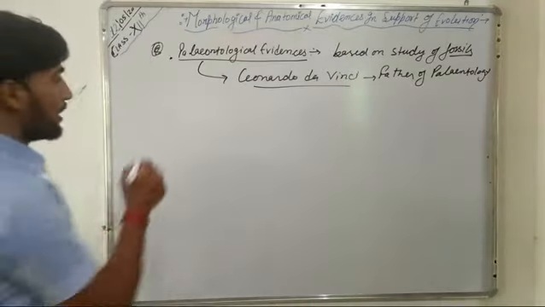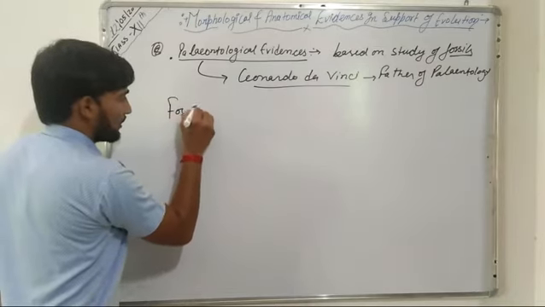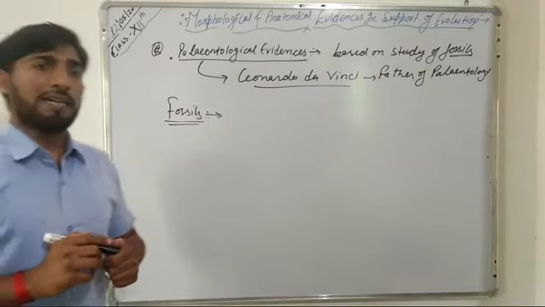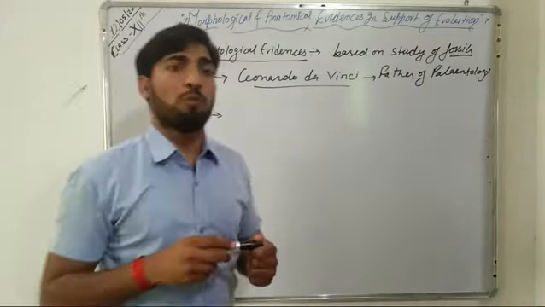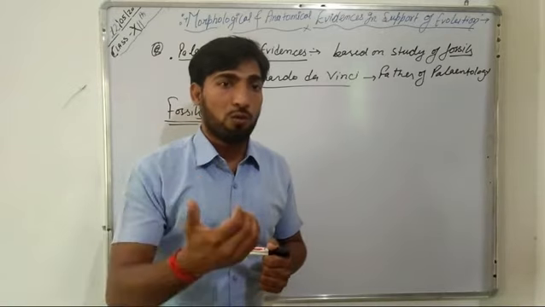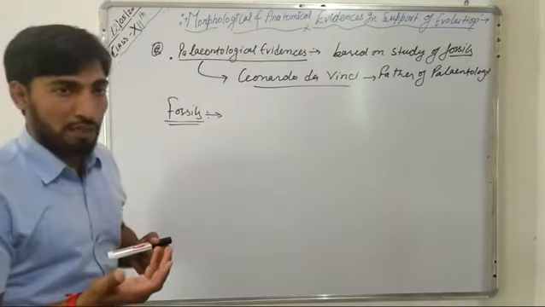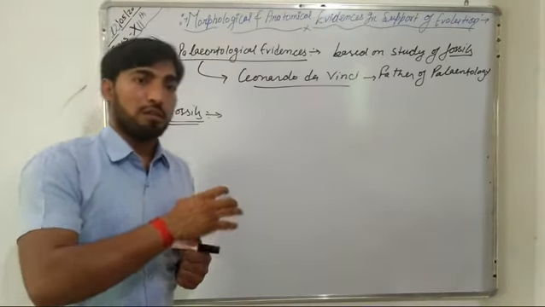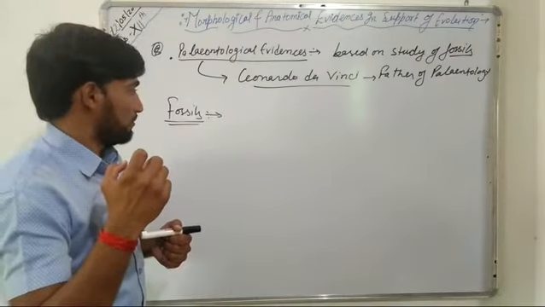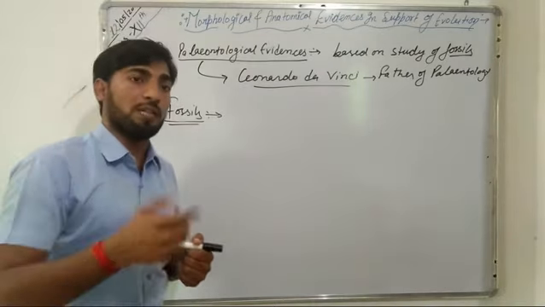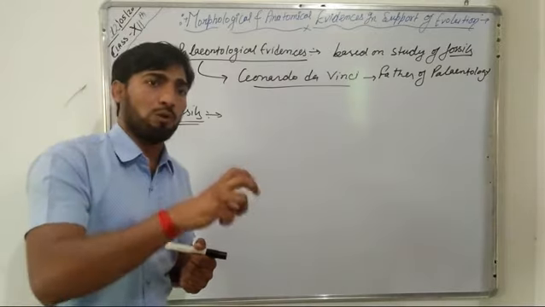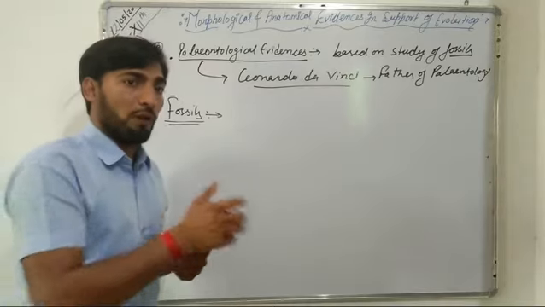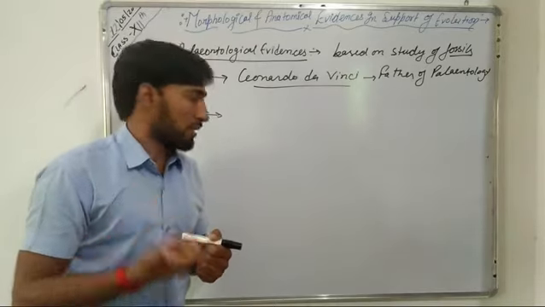Now, what are fossils first of all? These fossils are the remains of plants or animals that existed in earlier or past times. When they died, their dead bodies got buried inside the soil, and the soft parts of their body got decomposed by the decomposers, but the hard parts such as bones, the skeleton and the impressions were present and found as such when we dig the soil.